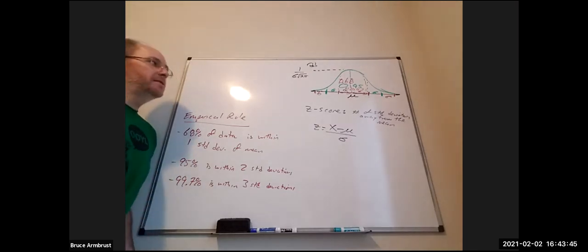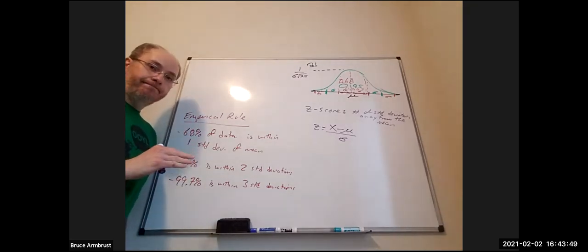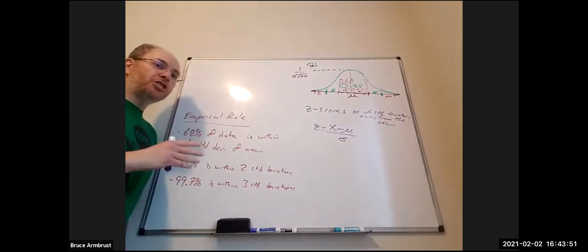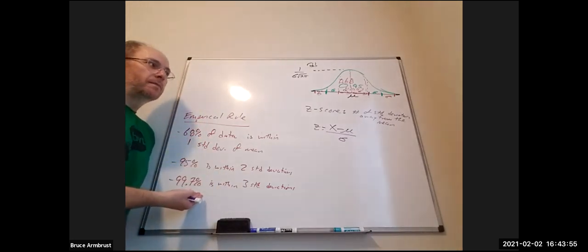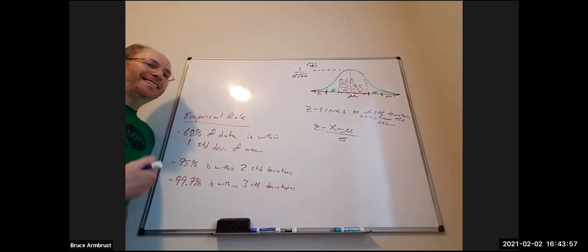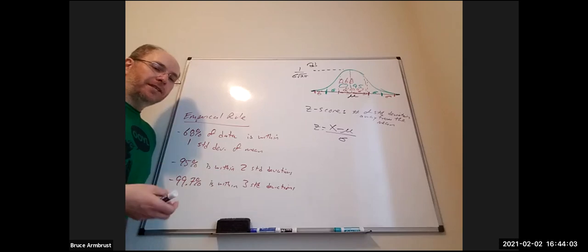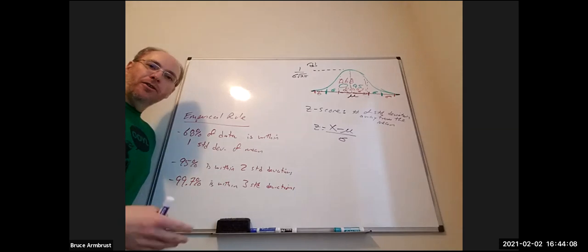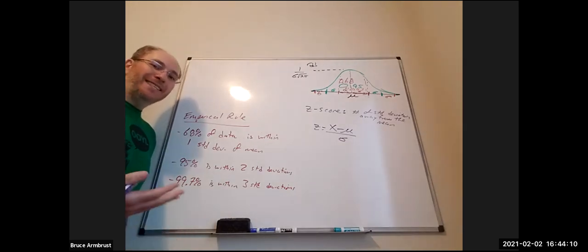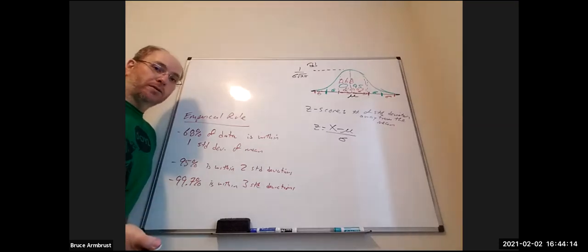Because here's what we can do. Since normal distributions all look alike, they all have the same shape, they all follow this rule, what we can do is, instead of worrying about any one specific normal distribution, we can make them all the same. We can basically scale them all down using z-scores.